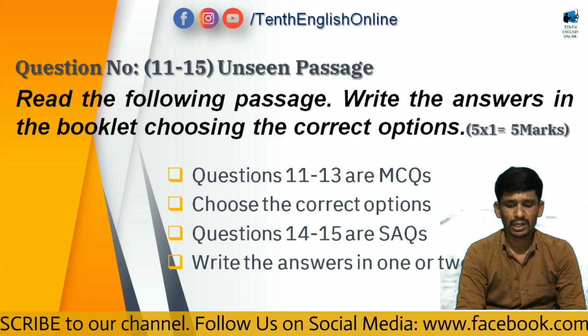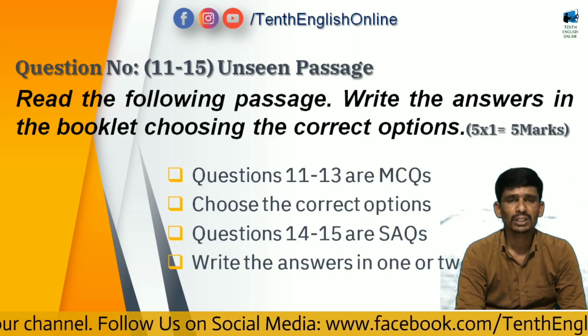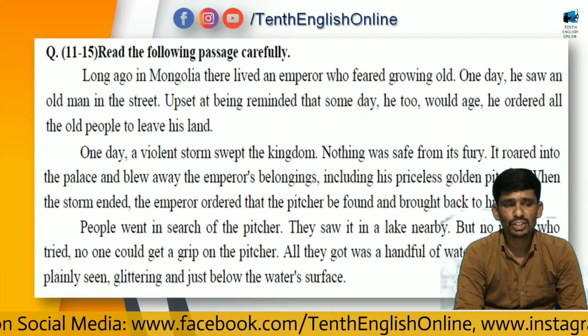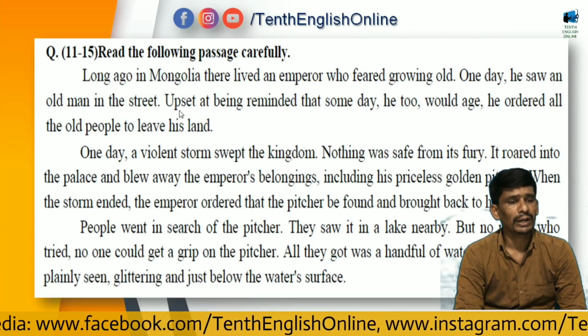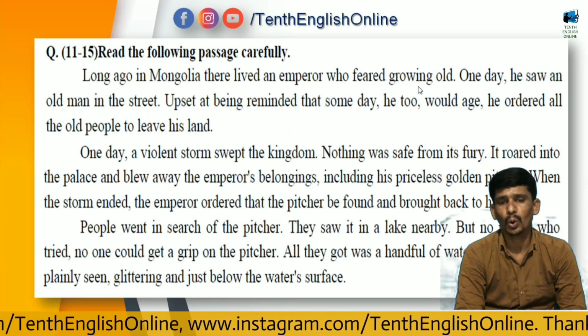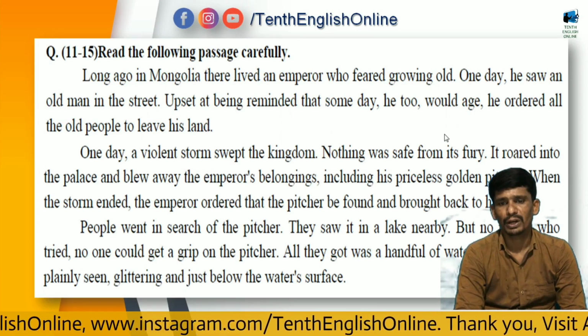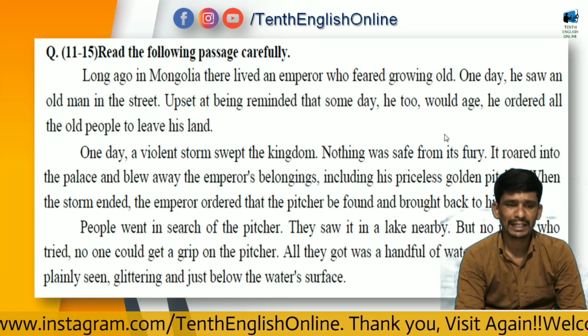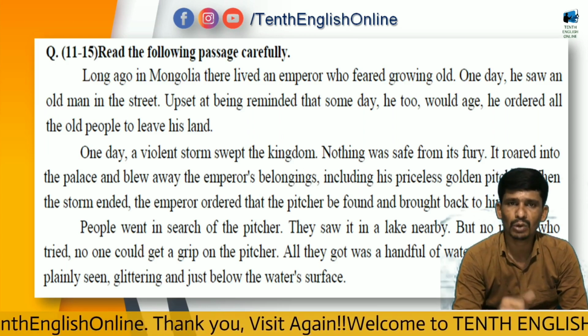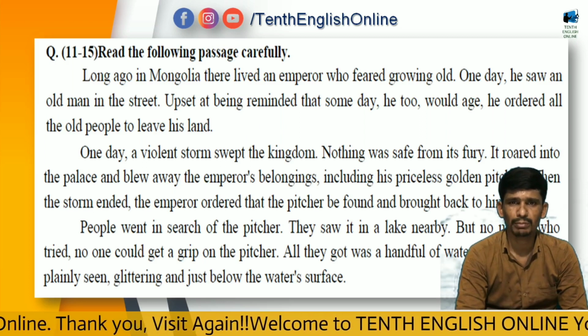Now I will show you another example for this third bit, the unseen passage. The passage starts like this: long ago in Mongolia there lived an emperor who feared growing old. One day... you keep reading the entire passage, try to understand this paragraph and try to answer the questions given below.